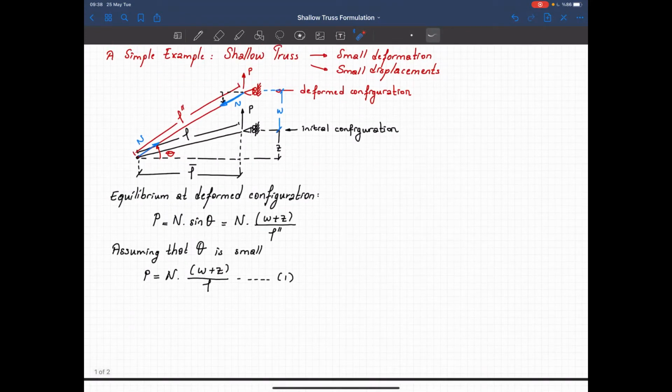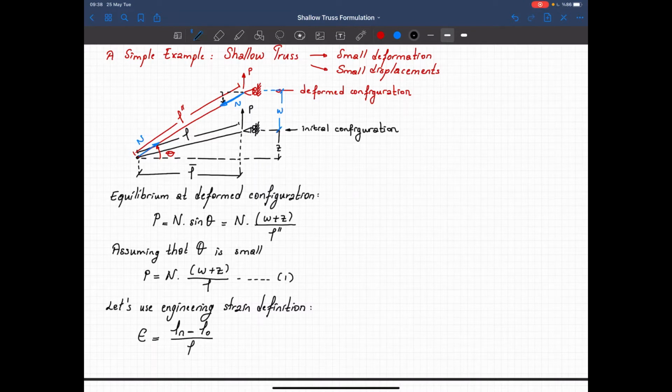Now we say that we will be using the small deformation, so let's use the engineering strain definition. So we say that strain is equal to final length minus the original length divided by the original length. That's our engineering strain definition.